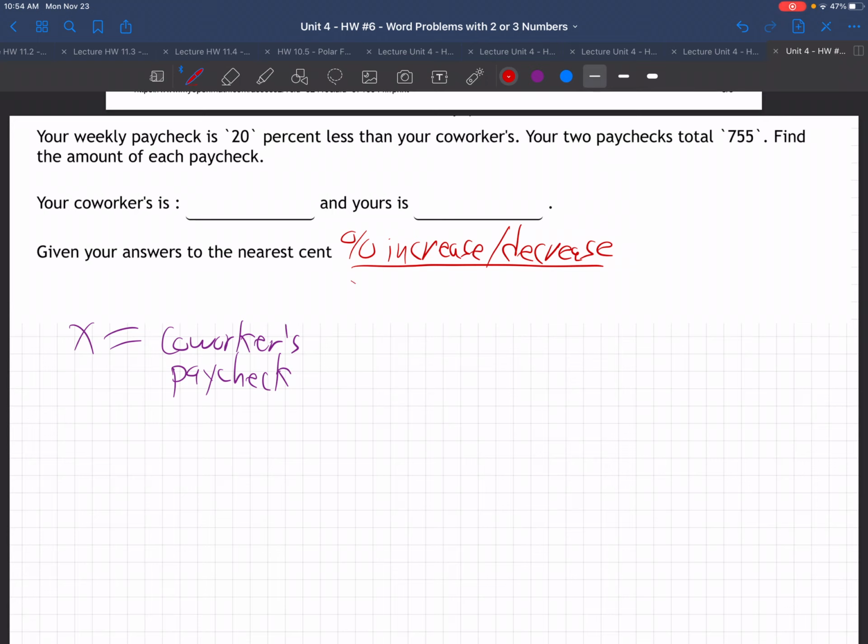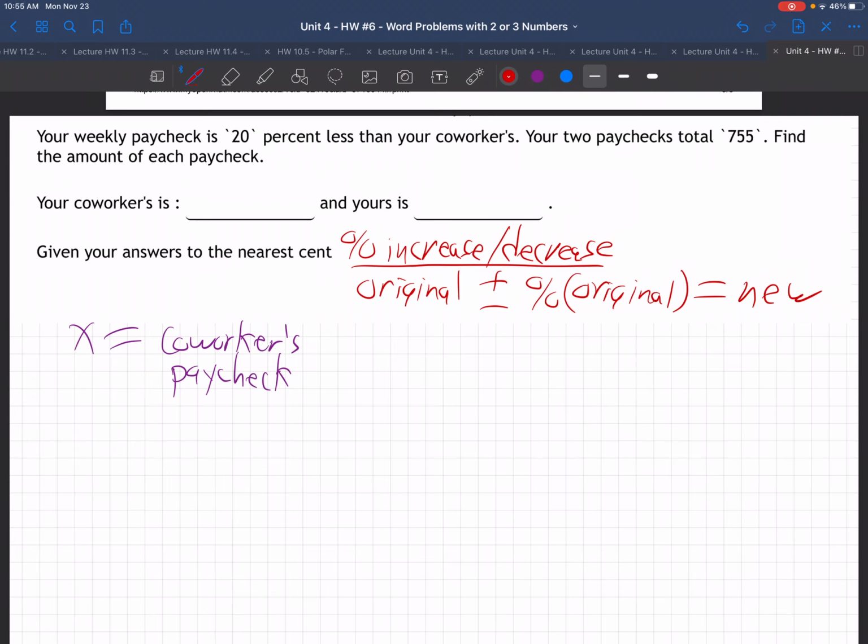We would always have the original plus or minus a percentage times the original equals the new. So plus for increase, minus for decrease.